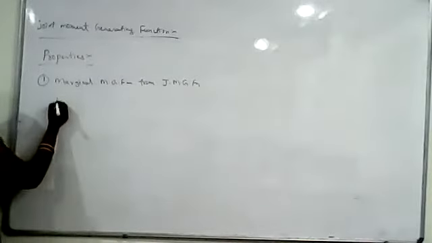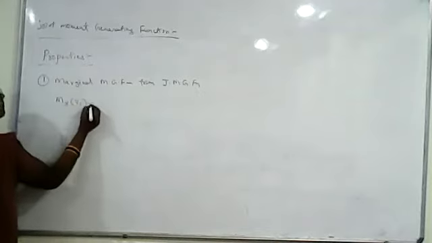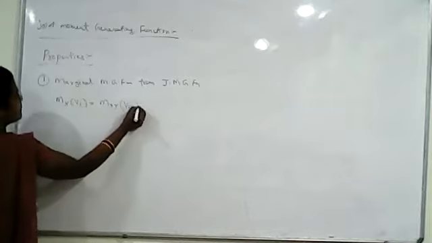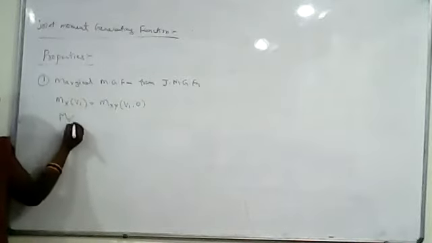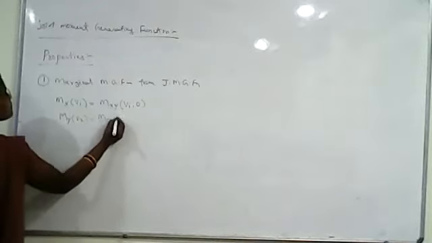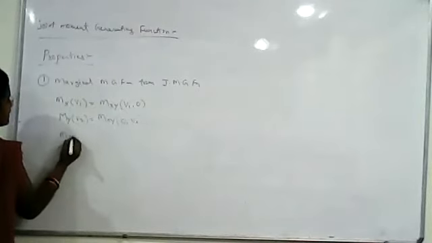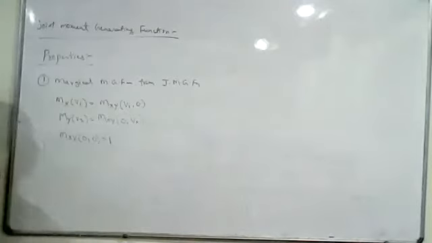What are the marginal moment generating functions? M_X of v1 can be obtained from M_XY of v1 comma 0. Similarly, M_Y of v2 is equal to M_XY of 0 comma v2, and similarly M_XY of 0 comma 0 will be equal to 1. This is our first property.